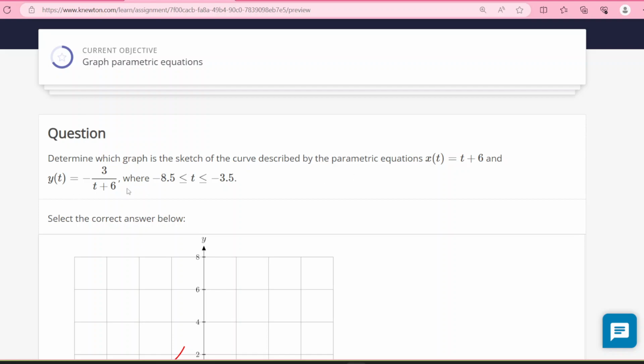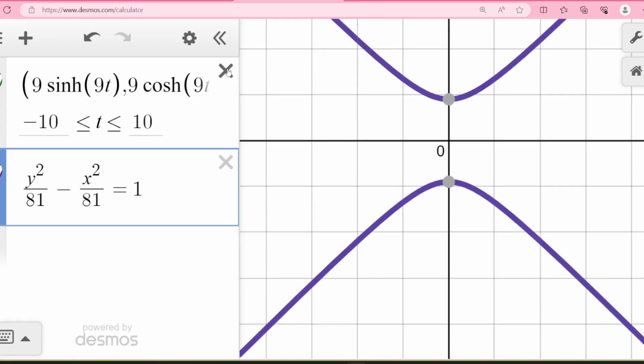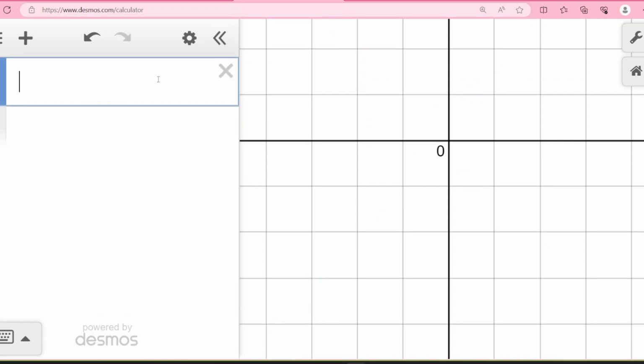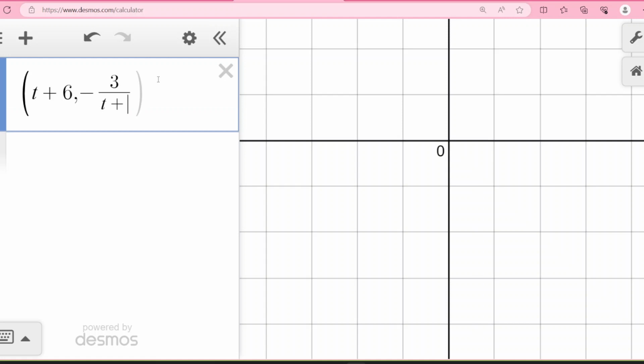All right, so I'm going to put these in the parametric equations with this, and then also y equals negative 3 over x. So our x coordinate was t plus 6, comma, and then the y coordinate was negative 3 over t plus 6.